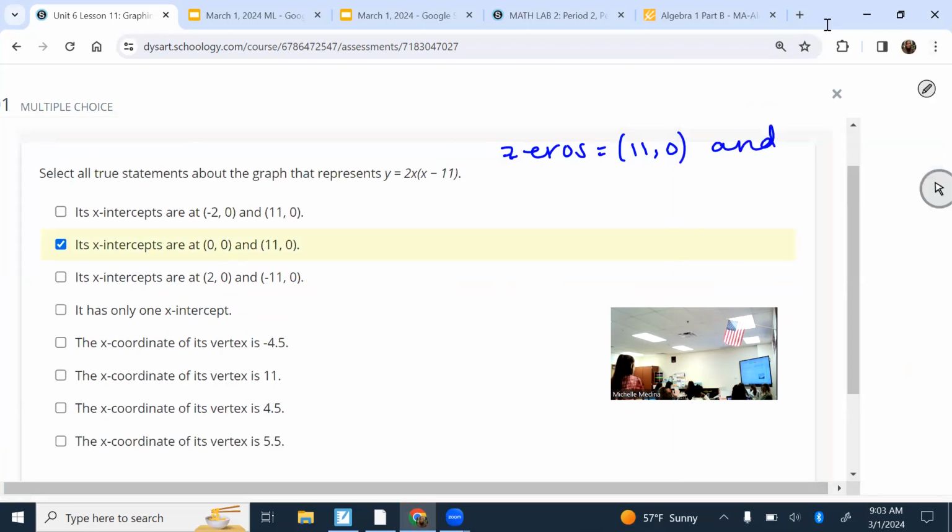Based off this expression. You know, one of the zeros is 11, what's the other one? It's not going to be 2. Table 4. It is going to be 0.